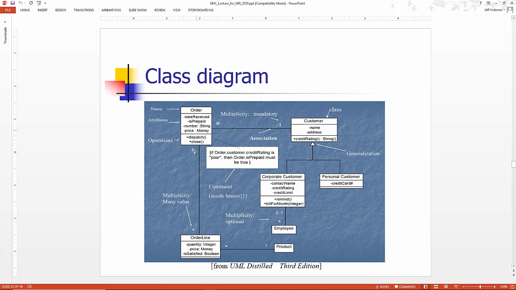Note here we're showing order and order line. An order line can only belong to one order, but an order can have many order lines on it. Similarly, a product can be on many order lines, but an order line can only have one product. Okay, and we're also showing the constraints in this class diagram, which is with a notation. Visible Analyst will allow you to do this.